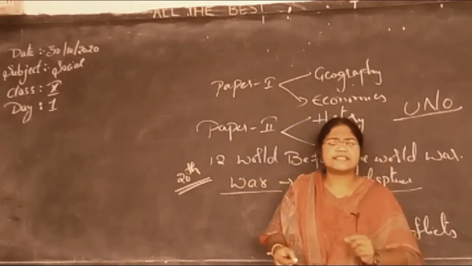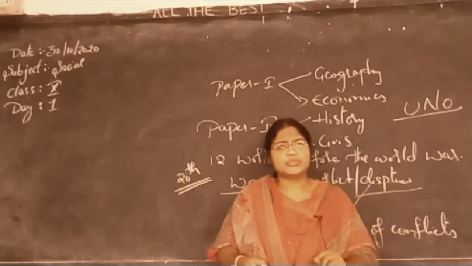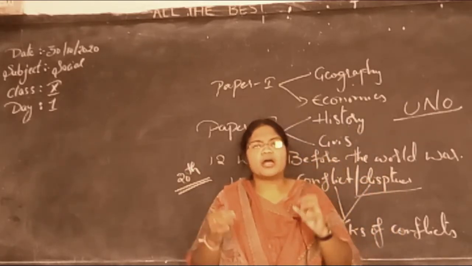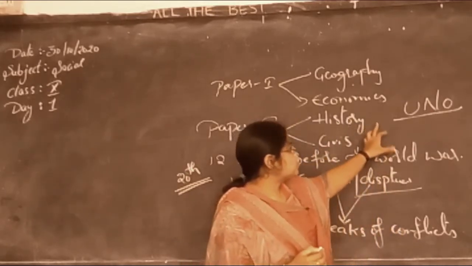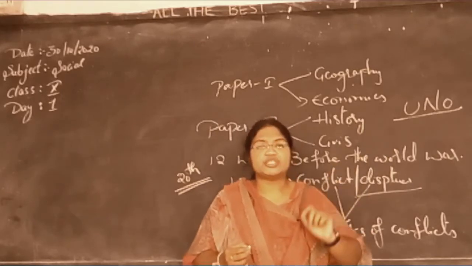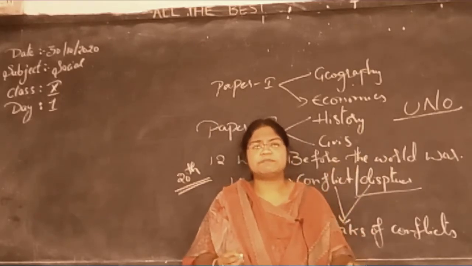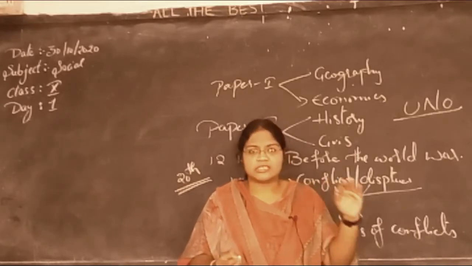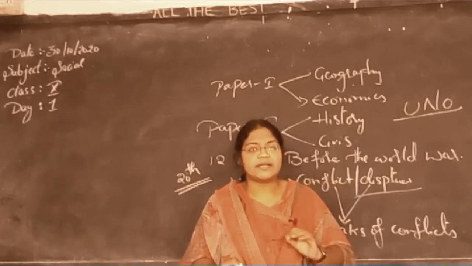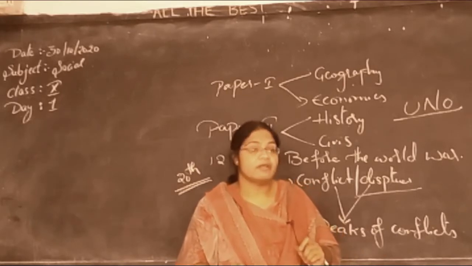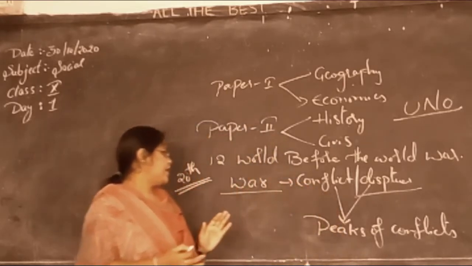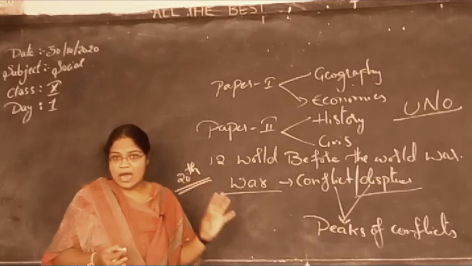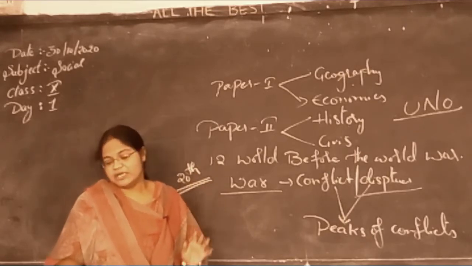In those days, they would solve these issues through a number of wars. But after the introduction of the United Nations Organization, a number of disputes and external matters between countries are solved by the UNO. So in the 20th century, what happened and how the wars happened, we will discuss now.